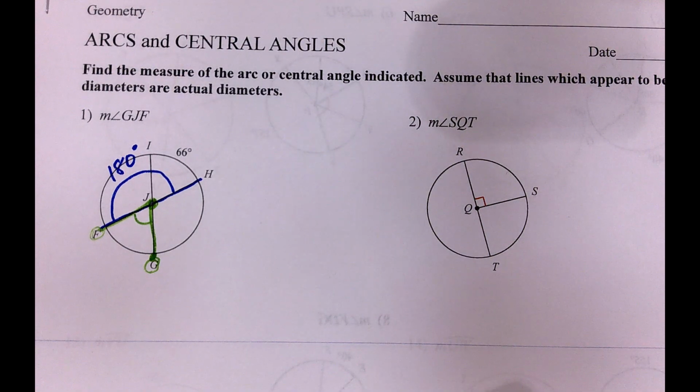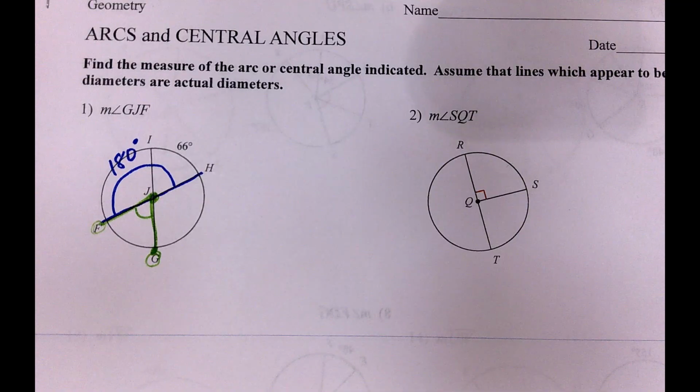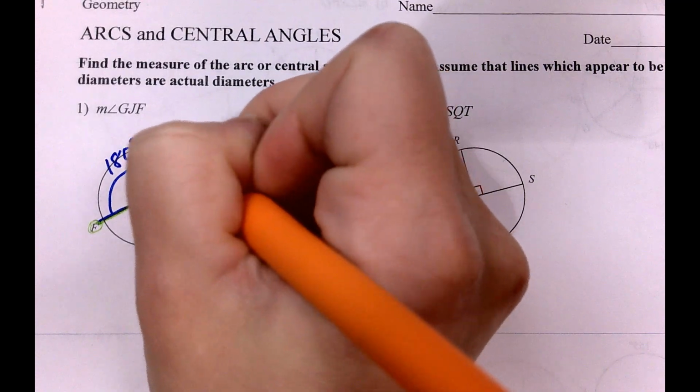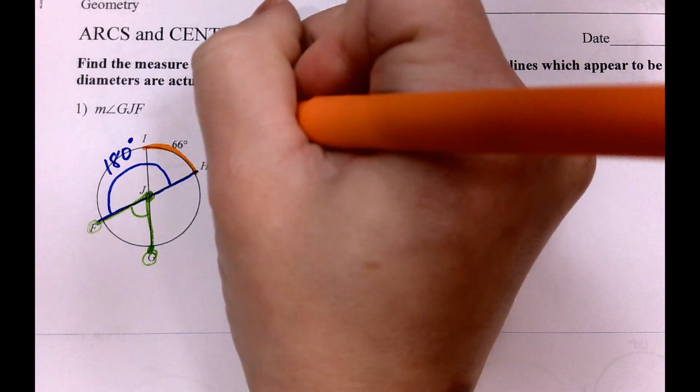Are there any other things we might know? Are we given any measures? Oh, 66. We are. We're given 66. It was hiding. So we've got 66 degrees for this arc HI.